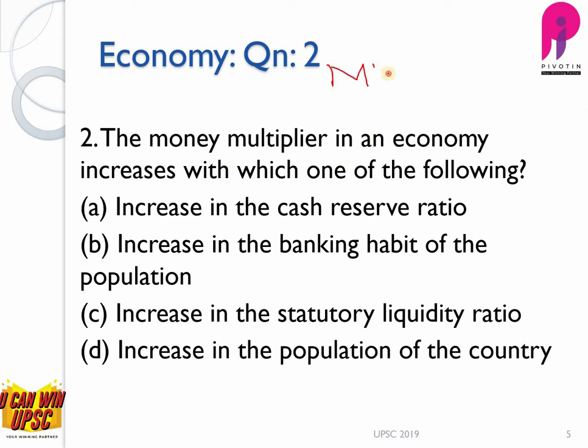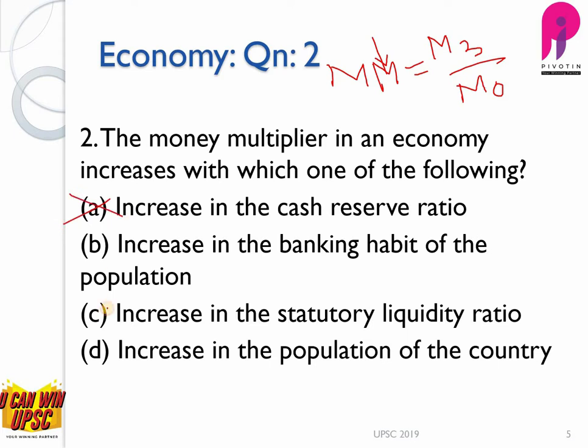It has a formula: money multiplier equals M3 by M0. M3 is the total stock of money and M0 is the high powered money or reserve money. So if the reserve money increases, then the money multiplier will decrease, because when the reserve money increases, the bank will not have much money to lend.